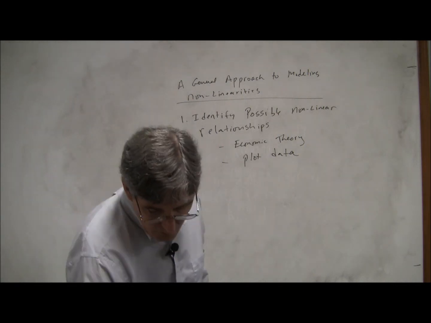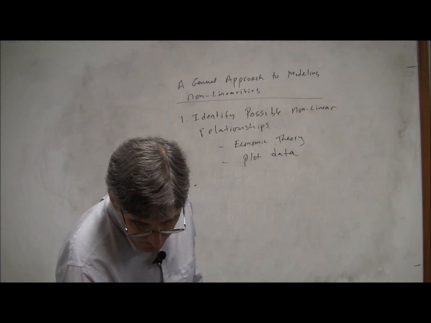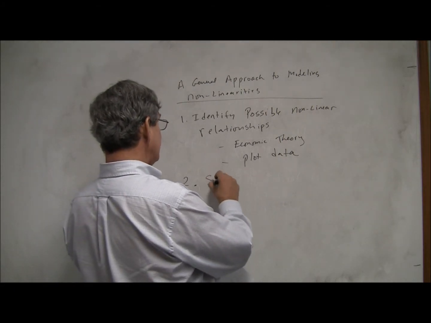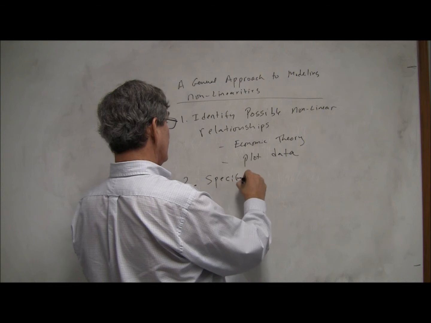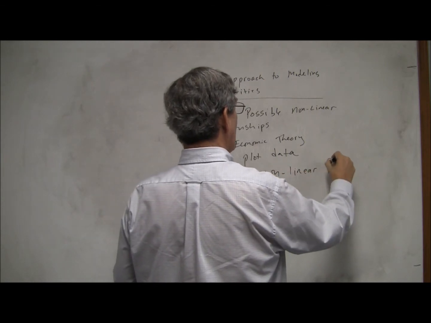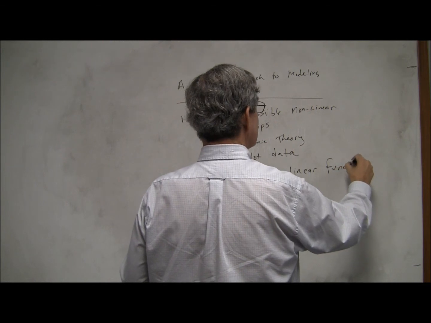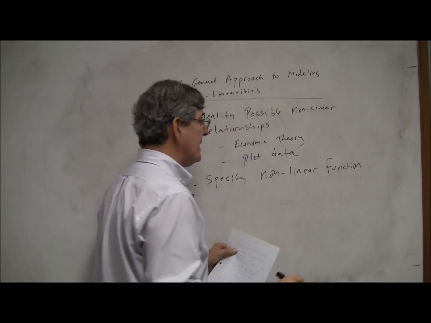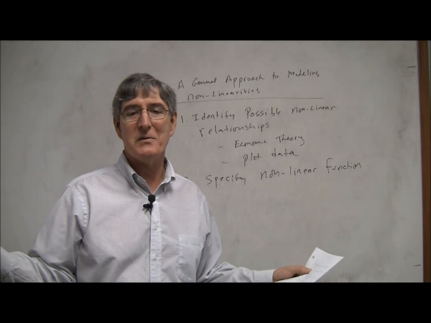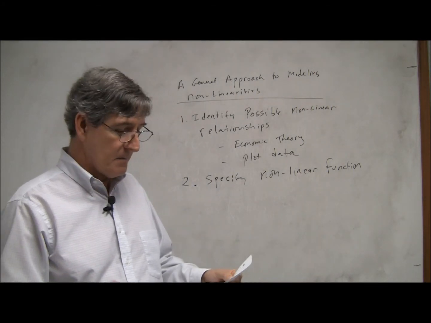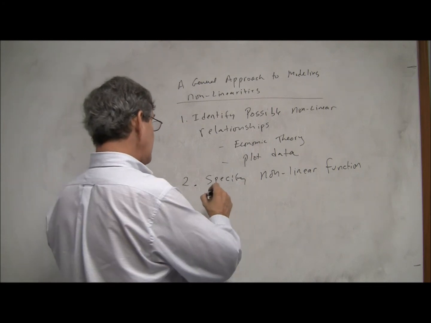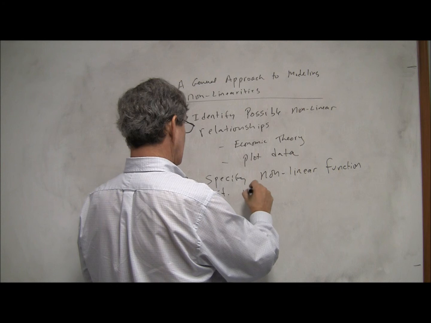Second, once you've figured out there's a nonlinearity, you specify the nonlinear function, like the one we did a few minutes ago, beta 0 plus beta 1 x plus beta 2 x squared. We'll have other ones; we're going to have logs and other ways to get nonlinearities into these models. But that was the first. And estimate using OLS.